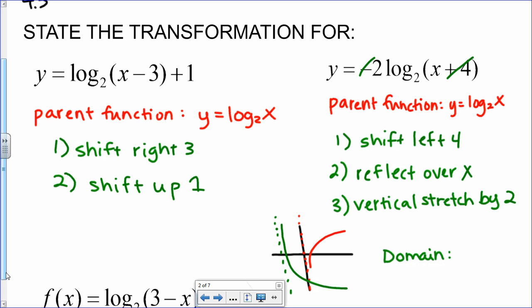Okay, so if I look at the domain for this problem, then that's my x values. I have a minimum at -4, and then I go to positive infinity.